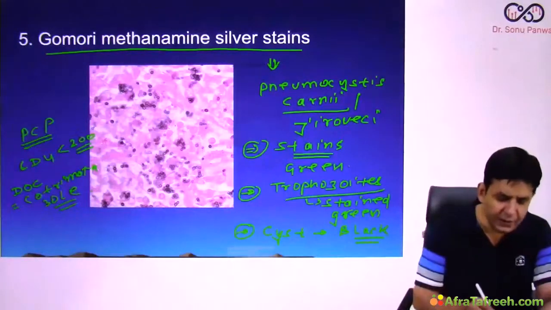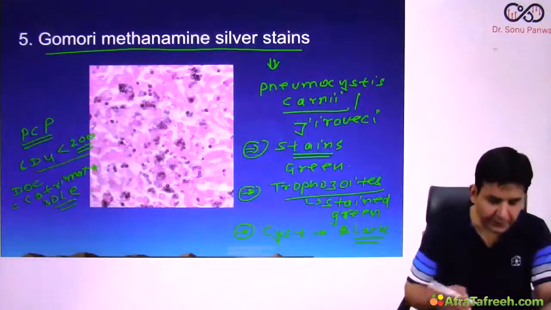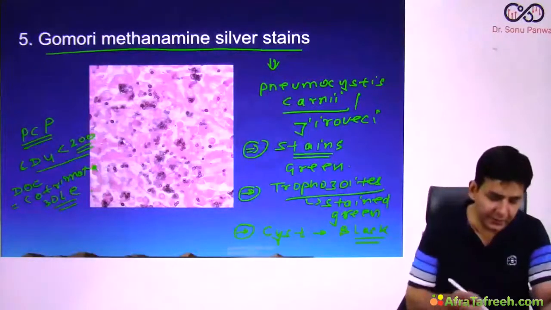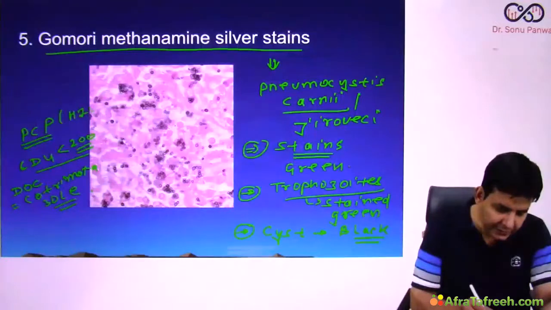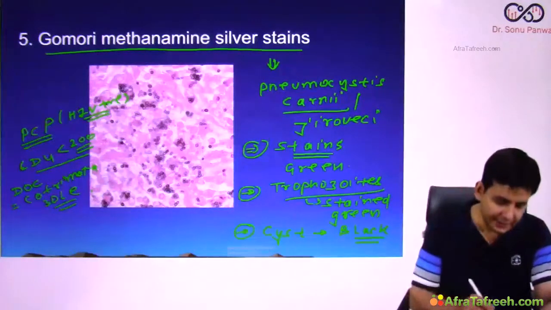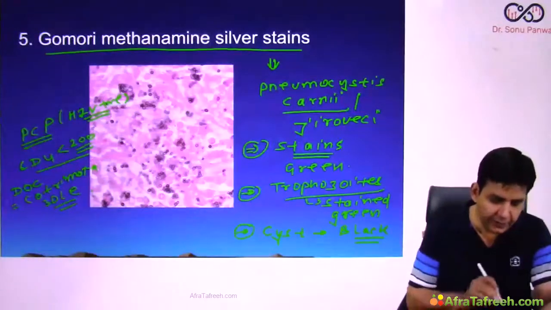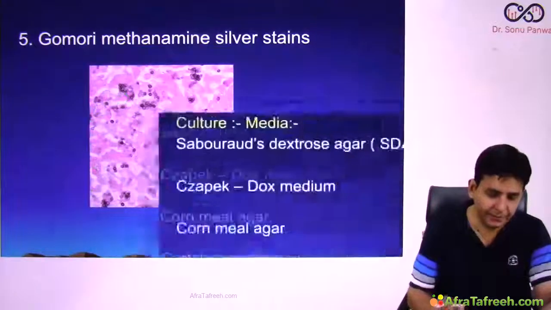We'll discuss it later, but just for information's sake, I've told you that when the CD4 count in an HIV positive person goes below 200, then this particular pneumonia happens, and the drug of choice for that is cotrimoxazole.